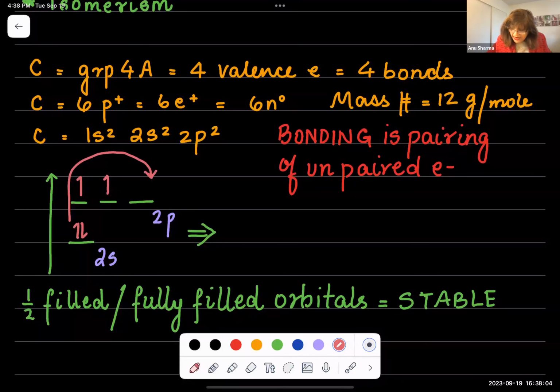When that happens, we have new orbitals, and these are called hybridized orbitals. That happens by mixing. These orbitals mix, the 2s and all 3 of the p's. When they mix, they give 4 orbitals, all at a lower energy state than p, but a little bit higher than s. And now we have 4 unpaired electrons.